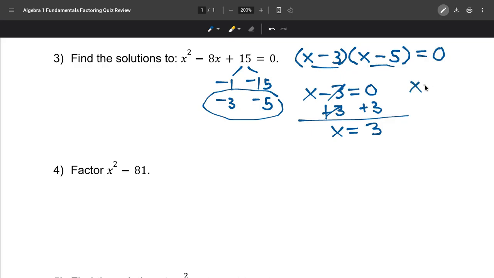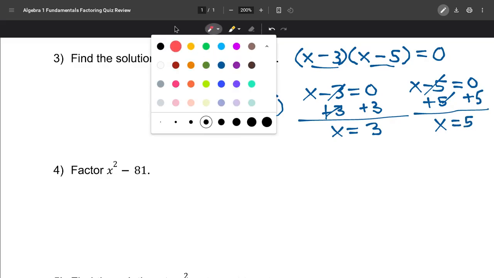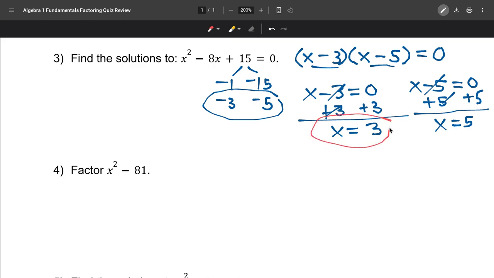And if I set x minus 5 equal to 0, I'll add 5. 5 minus 5 is 0, so we get x equals 5. So we got our two solutions here, x equals 3 and x equals 5.